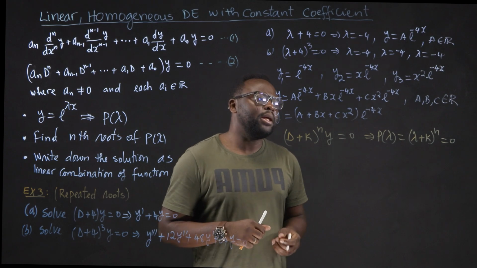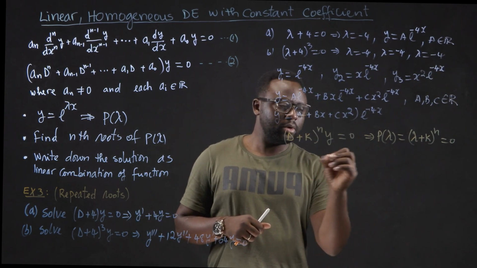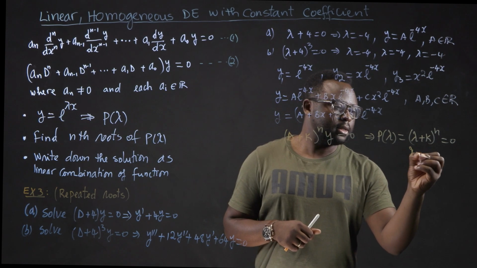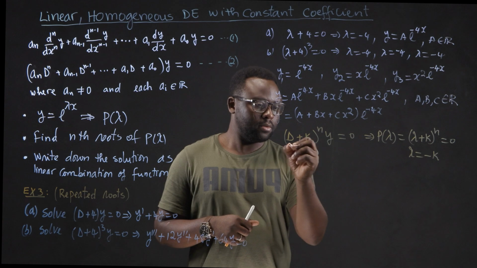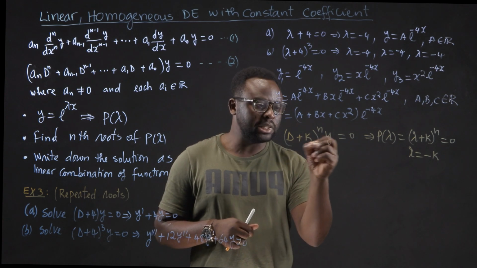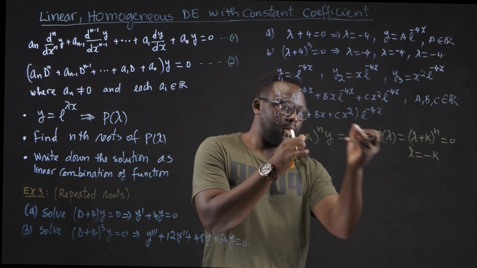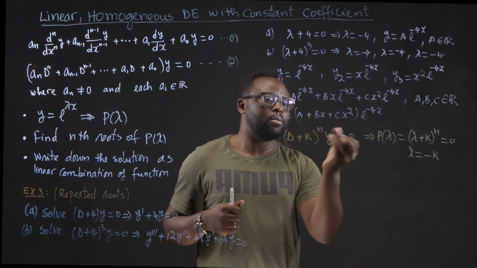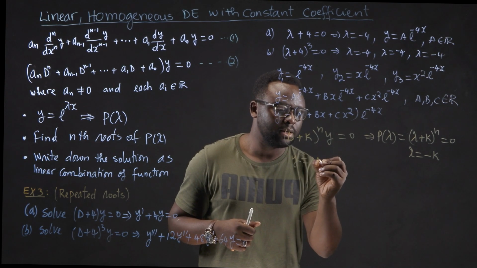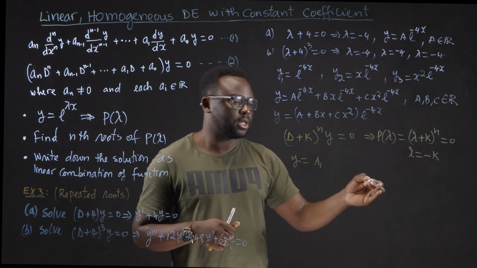If you solve here, we have lambda equal minus k, okay? And to write down the general form of the solution, whether we use this or this, it shouldn't be a problem. I like this second form, okay? So let's take a1. I won't use a, b, c because there's a lot here. I'll prefer to use a1.